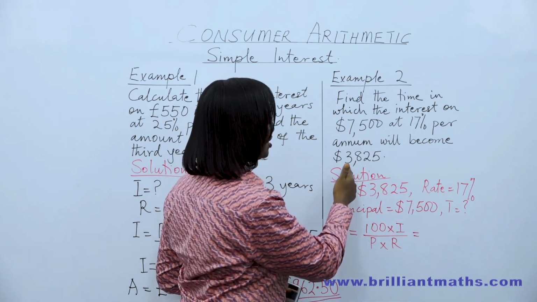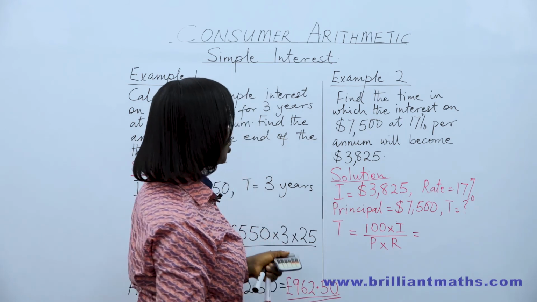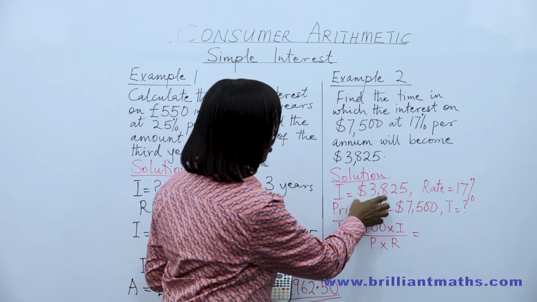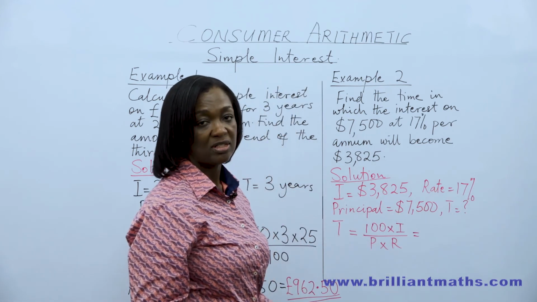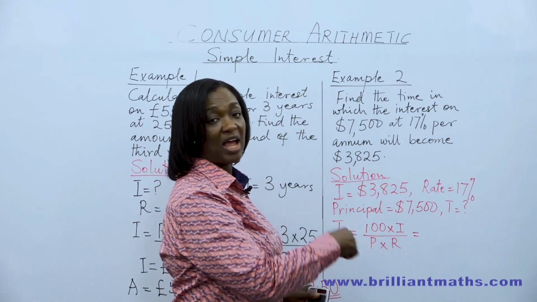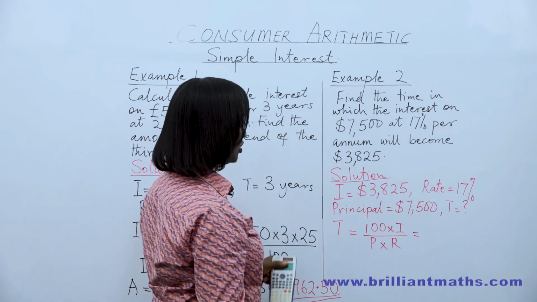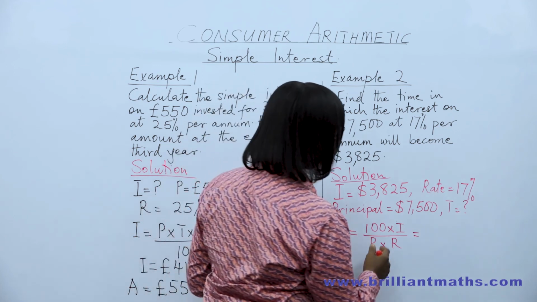So the interest is $3,825. So we've identified the different parameters, the interest, the rate, and the principal, and we're supposed to find the time. And we know that time is equal to 100 times interest over rate times principal. So let's put in the figures into the formula, and then we can calculate.